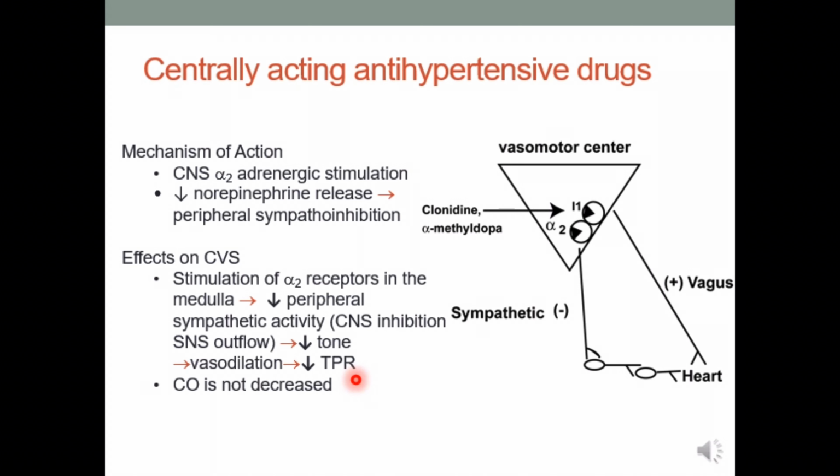Then this will cause a reduction in the blood pressure. At the same time, if you look at the diagram here, there's also an increase in the parasympathetic outflow through the vagus nerve, which supplies the heart, and this will actually lower the heart rate. So the combination of it will cause a decrease in blood pressure.